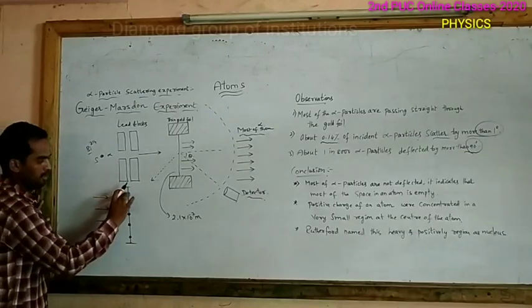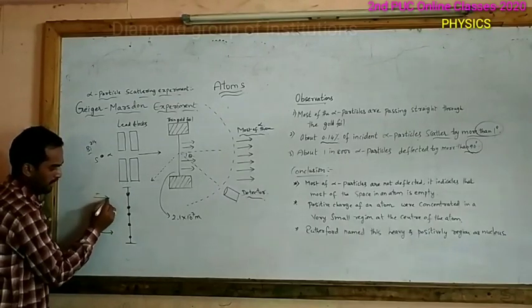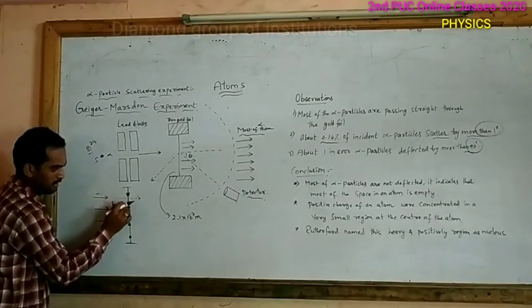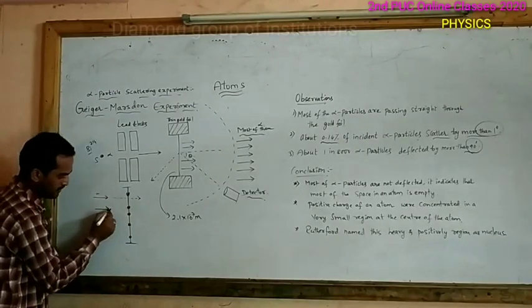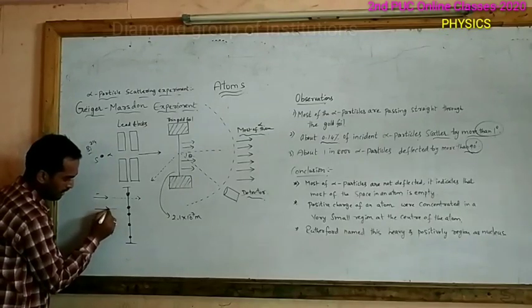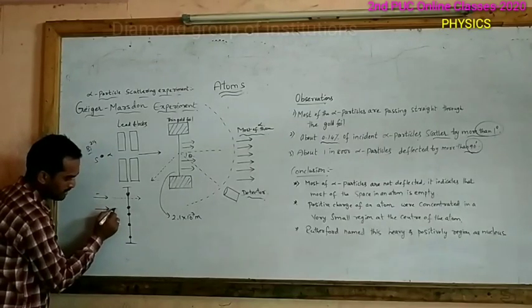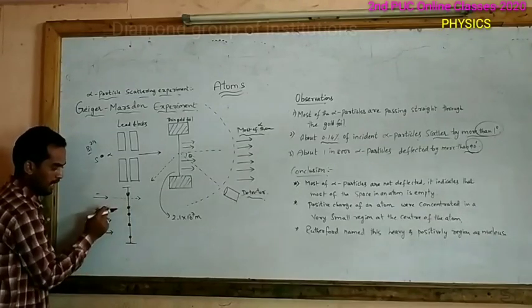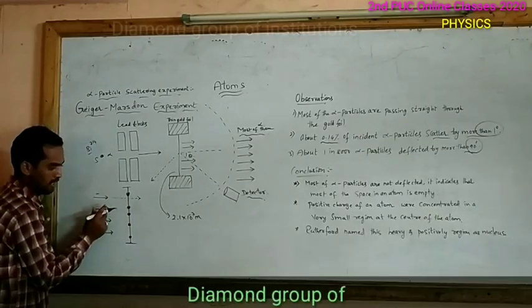See here, this alpha particle passes straight because there is a gap here, and see this alpha particle, it is coming towards this, but there is some repulsion existing between this and the positively charged alpha particle.